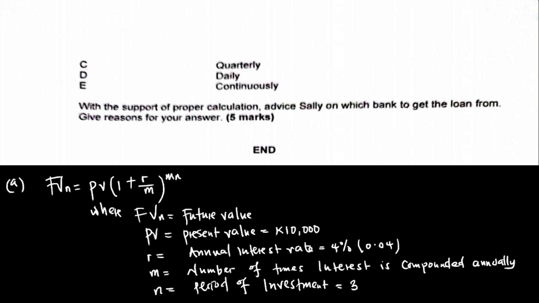Okay, so we can now solve for Bank A. So we'll start with Bank A. For Bank A, our future value will be equal to present value, 1 plus R over M, to the power MN.